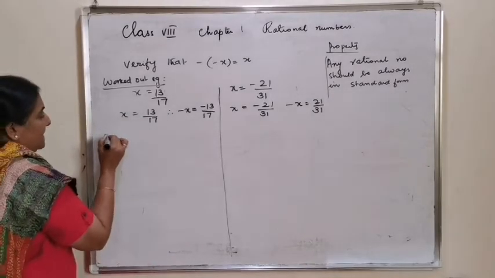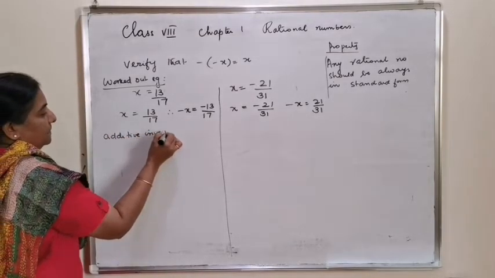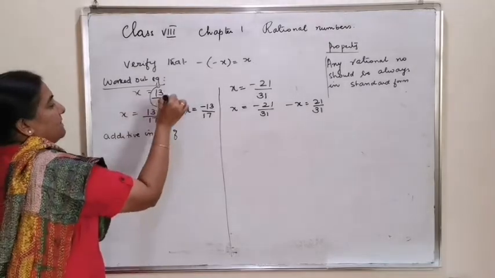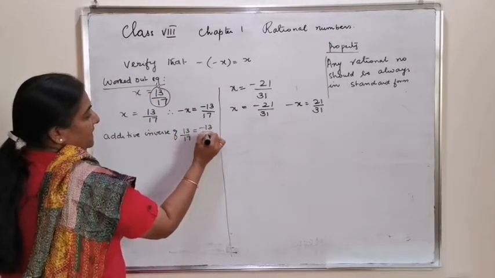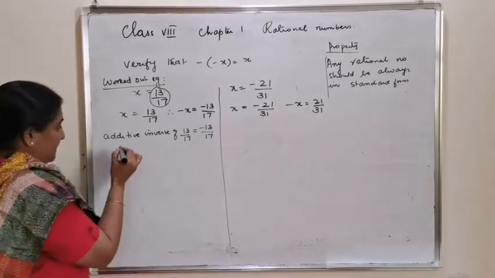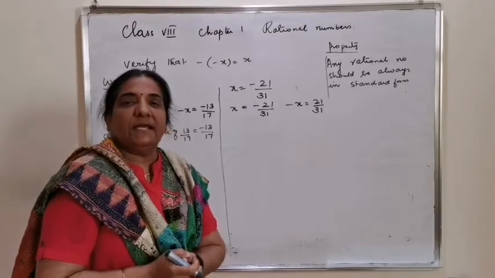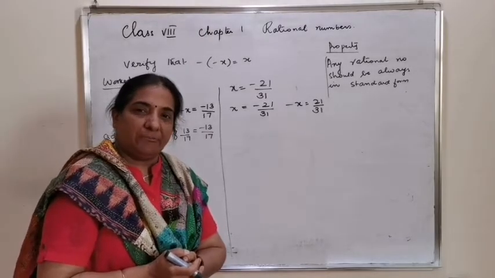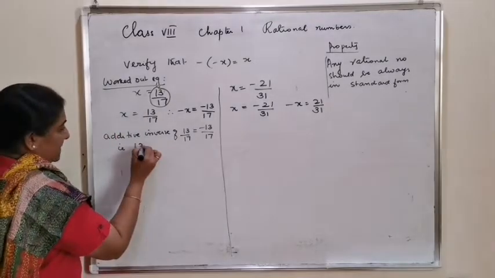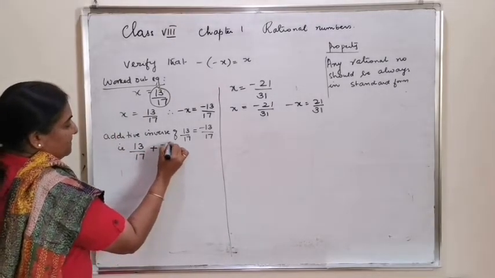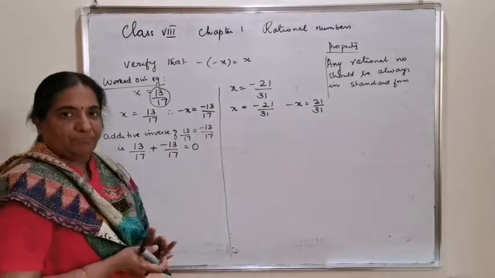Therefore, the additive inverse of 13 by 17 is equal to minus 13 by 17. What is the purpose of additive inverse? When you add it to a number, the answer is 0. That is, 13 by 17 plus minus 13 by 17 is equal to 0.